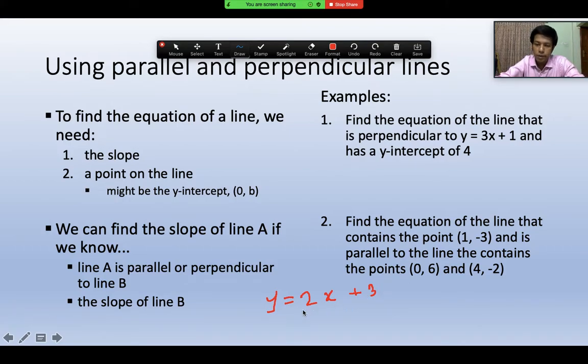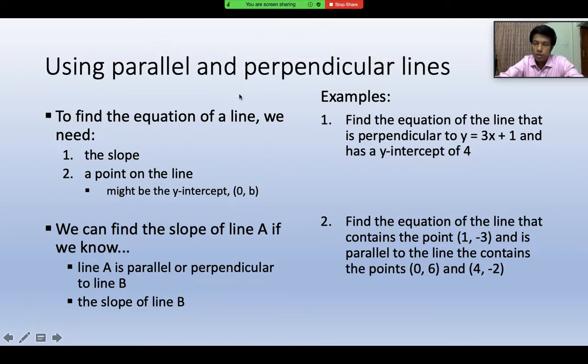That point will be given. Then from this line we take the slope, then we use the other point and the same formula that I showed a while back. If we use these two things, we will get the final equation of the line. This is the approach that we can follow.